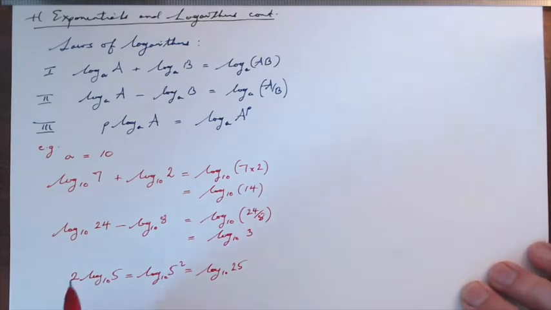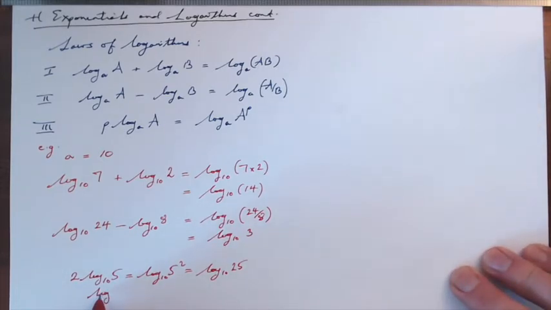So, for example, if I go backwards, I could write something like log to the base 10 of, for example, 8. I could recognize that, well, that can be written as log to the base 10 of 2 to the power of 3. And that 3 can then come outside.